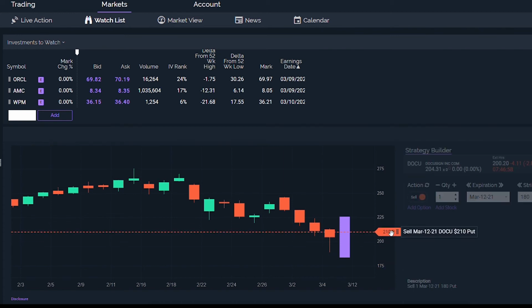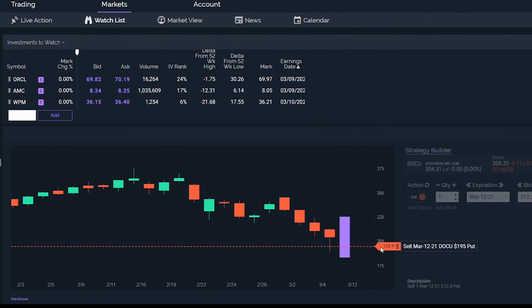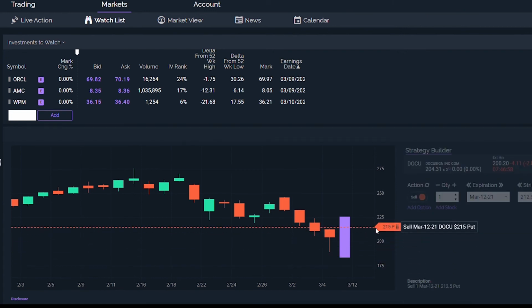Then all you gotta do is choose your strike price, you just drag this thing around to where you want it. Well, there you go. That's pretty easy. E-Trade's made it a lot more simple to sell and buy options for earnings announcements. I think it's pretty cool.